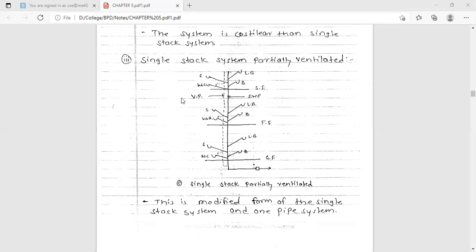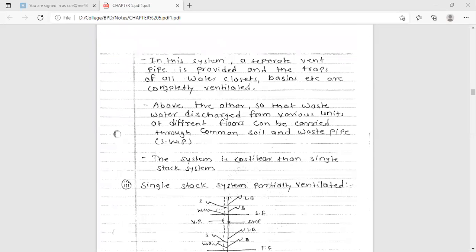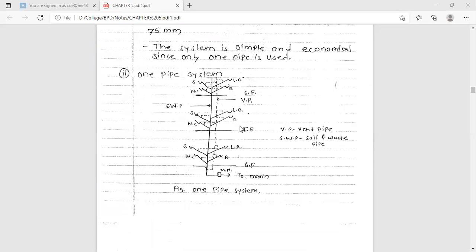Okay, then after that, the third plumbing system is the single stack system, partially ventilated. Single stack system, partially ventilated, means in this system, between the single stack system partially ventilated and the one pipe system, a very small difference is there. Here in the one pipe system, each and every outlet is connected to the vent pipe.